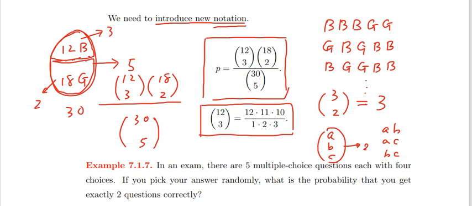So for from 3 to 2, we multiply 2 numbers: 1 times 2 in the denominator, and starting from 3 in the numerator, 3 times 2. So this equals 3.